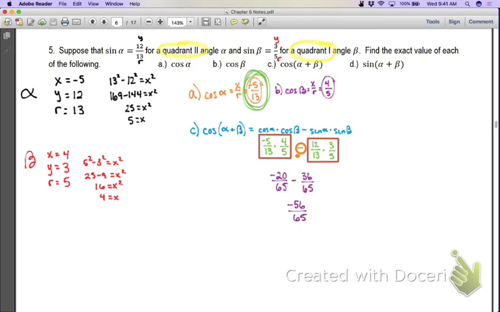Then check it for reducing, and boom, you're good to go. Again, no need to ever want to reduce here because you should get the same denominator. Why are you going to get the same denominator? Because your radius or your hypotenuse, whatever you're going to call it, or your denominator, should always be opposites of each other. If they're not, then you probably made a mistake somewhere.